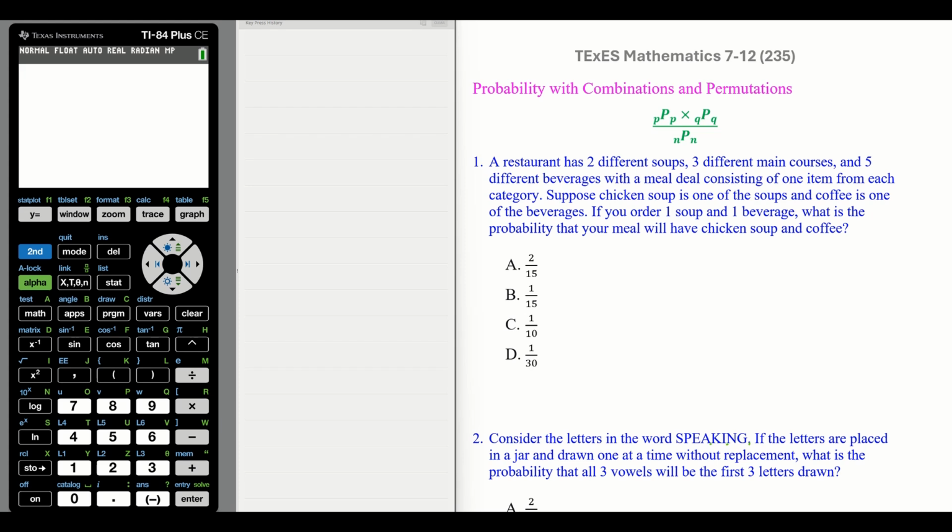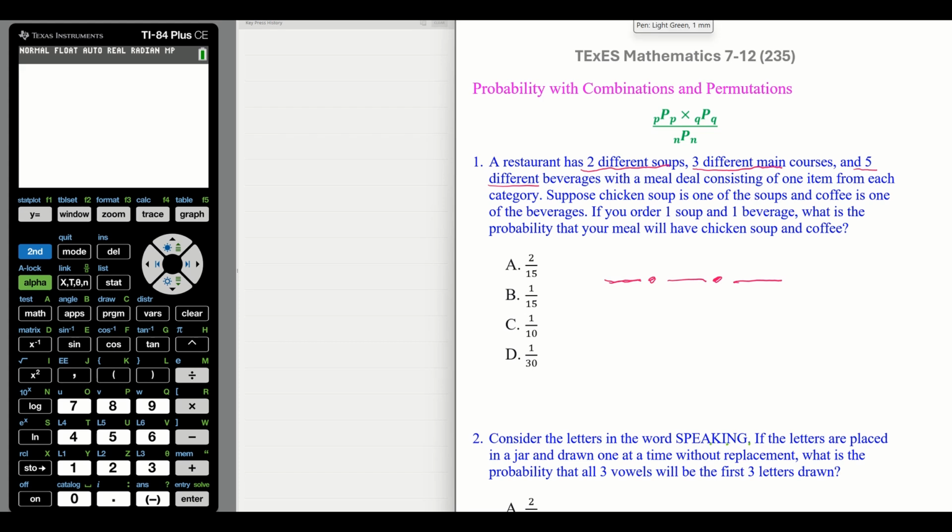We really don't need to go through all that. So we have 3 different options: soup, main course, and a beverage. So let's look at our 3 different options. This is compound events. We have 3 events. We're multiplying them together.